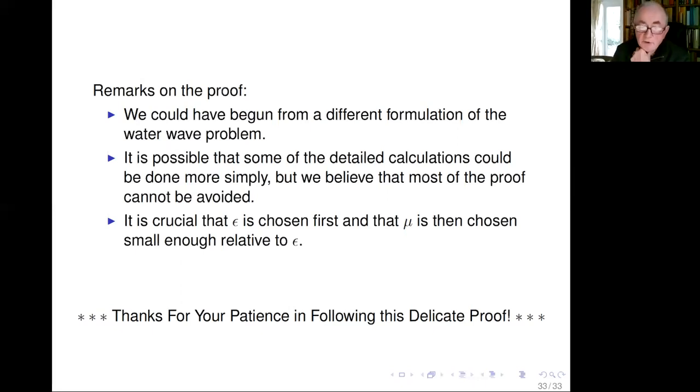Walter, a small remark about the discovery of the Benjamin-Feir instability. Jim Feir was visiting Benjamin in his laboratory in Cambridge. I was wondering about who Mr. Feir was.